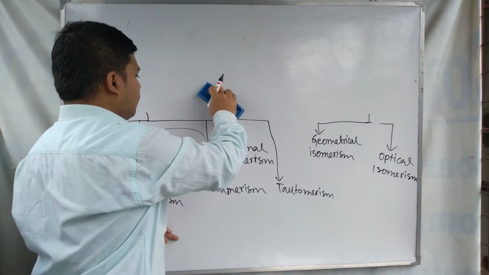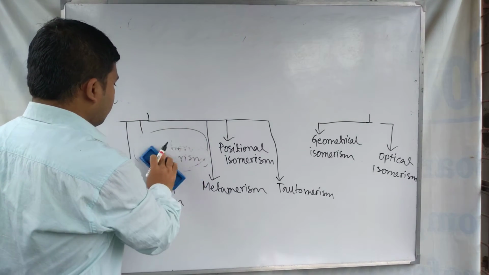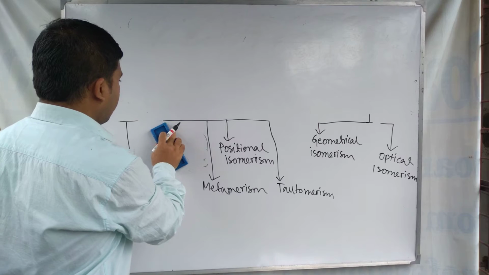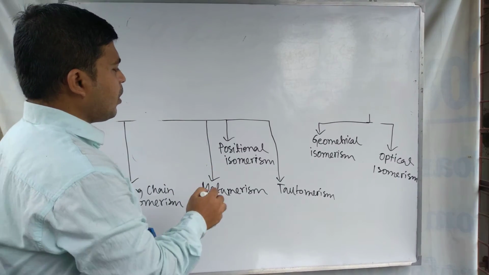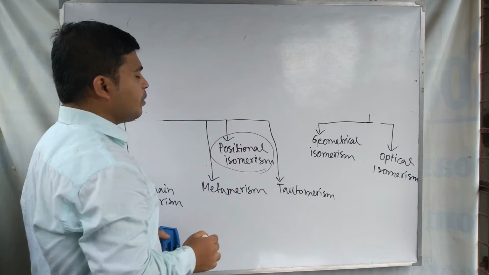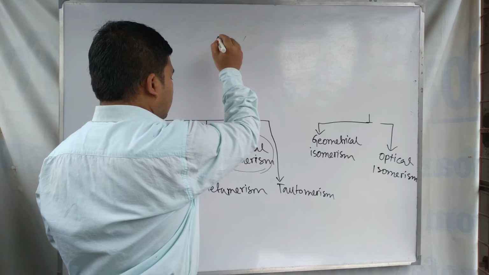After these examples we erase this one. After that we discuss positional isomers.